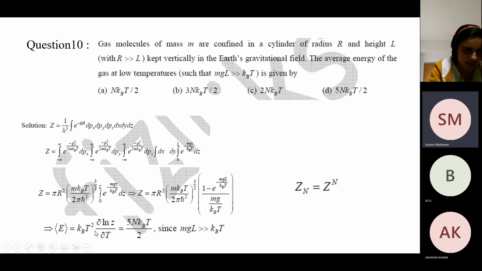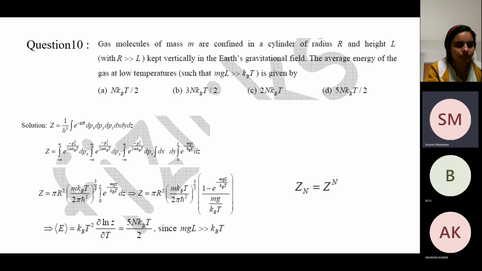So this tells you that if you have the partition function, you can directly use it to get the average energy. It's minus del del beta of ln Z, and rather than a derivative with respect to beta, you are taking a derivative with respect to temperature. Then that gives you this answer.